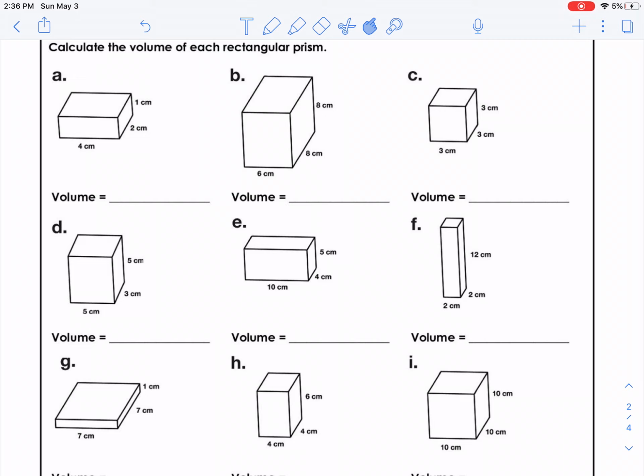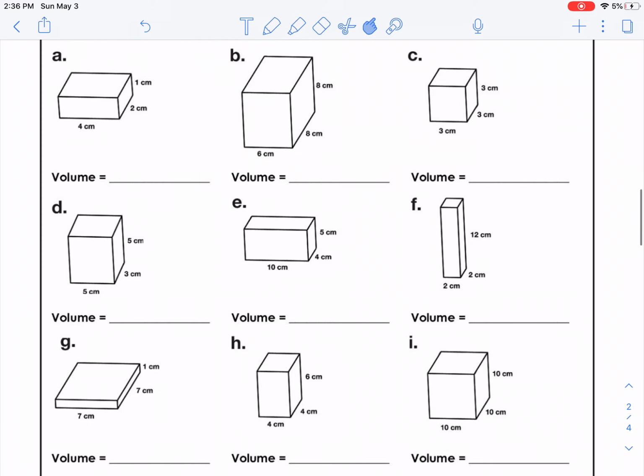You can just calculate the volume right now just by looking at this. Whatever makes it easiest for you. So when you're ready, I want you to solve A through I, and then come back and unpause the video and check your answers.